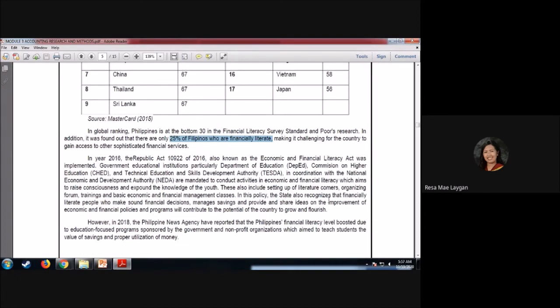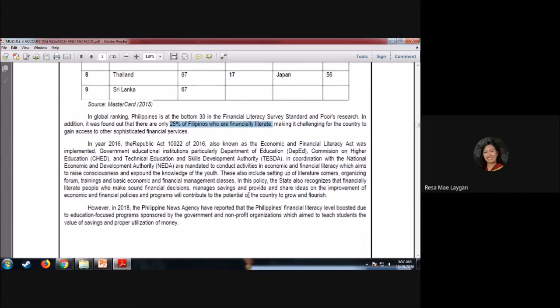In this policy, the state also recognizes that financially literate people who make sound financial decisions, manage savings, and provide and share ideas on the improvement of economic and financial policies and programs will contribute to the potential of the country to grow and flourish. Of course, if you make good financial decisions, you can contribute significantly to the potential growth of the country.